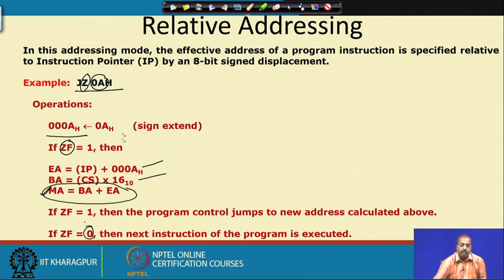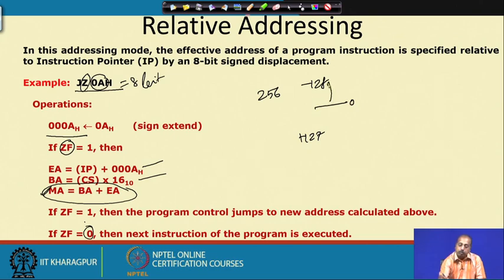One thing to note here is that the displacement that is specified is only 8-bit. That means you can do this relative jumping up to 256 locations, minus 128 to plus 127 from the current location. If this is the current location, the offset is 0.